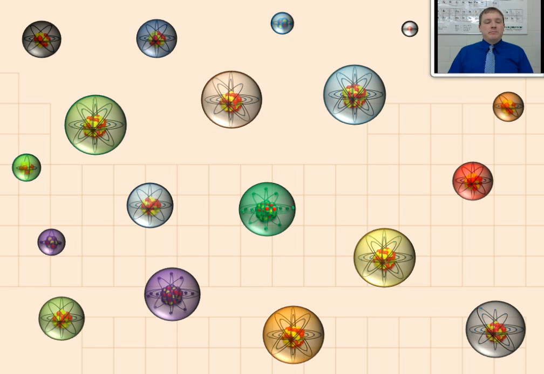Here I have a sampling of some of the known elements from Mendeleev's time, but some other elements that he wouldn't have known about. I've chosen these elements because it's going to help you to understand the way that the periodic table is structured, to look at the properties of some of these elements. Now, this is a little unrealistic because scientists at the time of Mendeleev wouldn't have recognized that atoms are made up of protons, neutrons, and electrons, even though you can see that I've clearly pictured all three of those parts here.